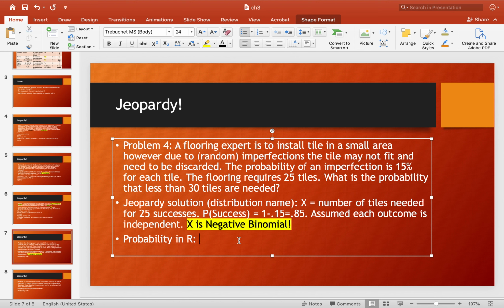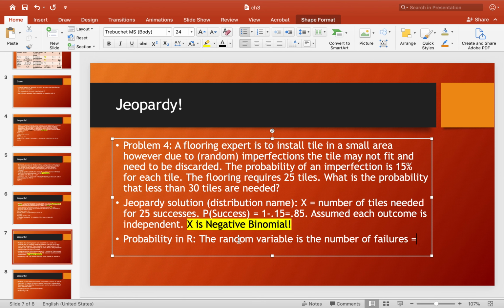X is negative binomial. So I want to compute this in R, and R is going to be slightly different. In R, the random variable is the number of failures.